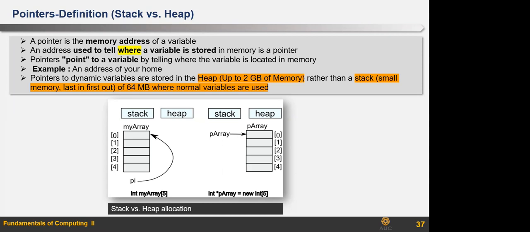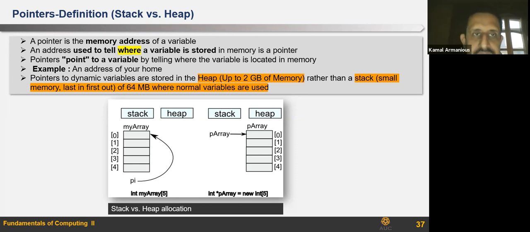For pointers, for example, when we create a dynamic array or a dynamic variable, then we delete it after we finish using it. Yes, that's fine, Muhammad. Thank you very much. So, in very simple words, the stack is a small memory. The heap is a large memory.